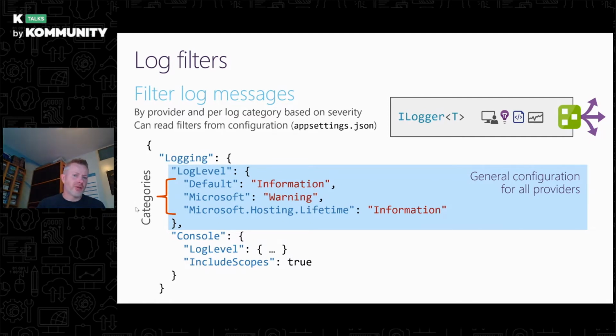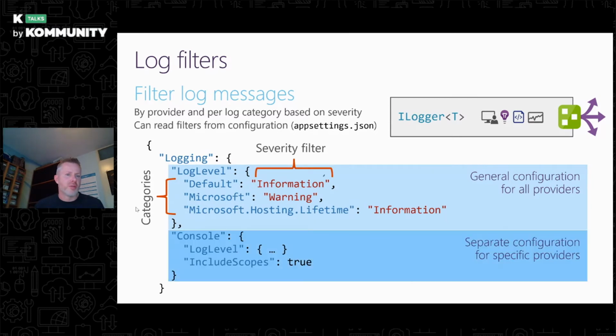But for the hosting lifetime, it's information. That's one way of doing it across the board for all registered providers. And for individual ones, you can specify the registered name of your log provider, for example, console, and then you can do the log level thing that is here. You can specify like here, but then specifically for the console logger.